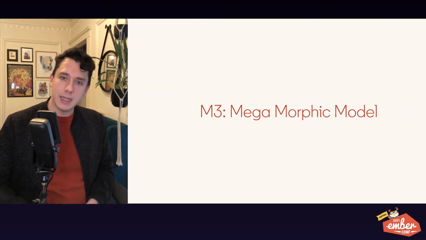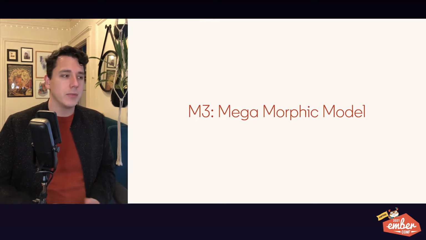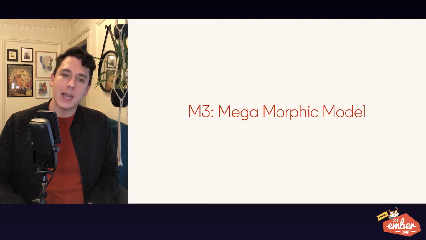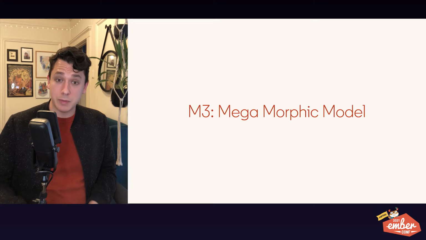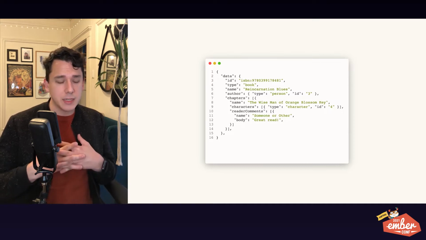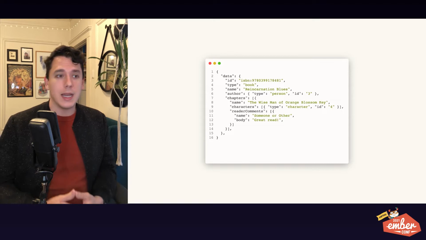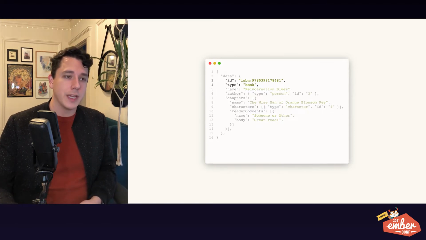So enter M3. The idea with M3 was rather than have a class for every single model and fragment, we would have one class that could represent all of them, and it would do that dynamically. The way M3 does this is it really just understands a model to be a blob of JSON. It can have JSON values of any type.